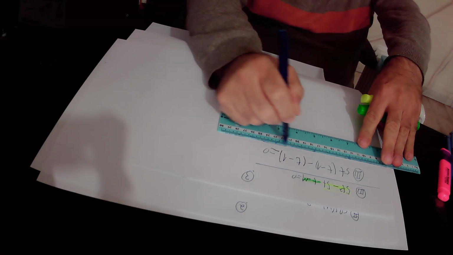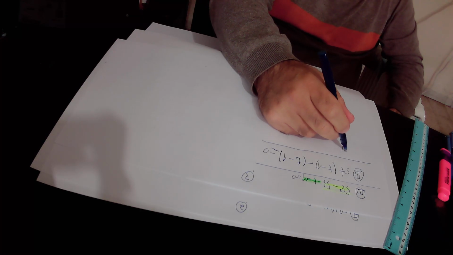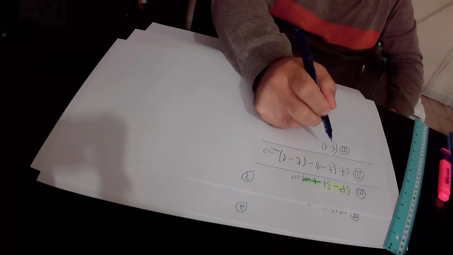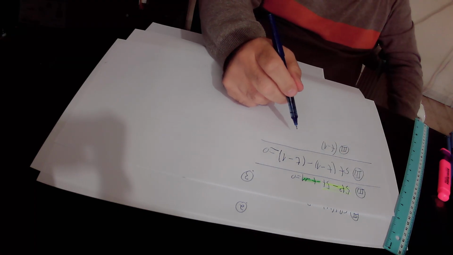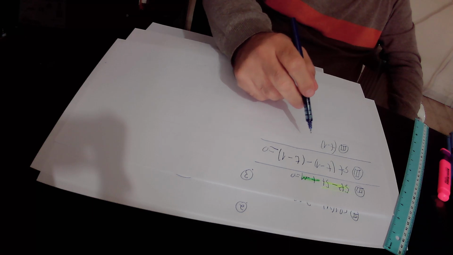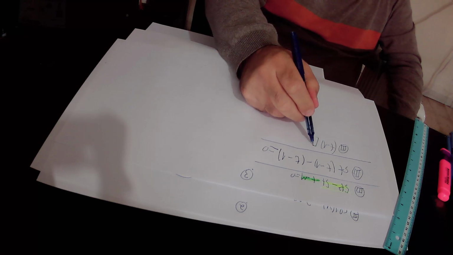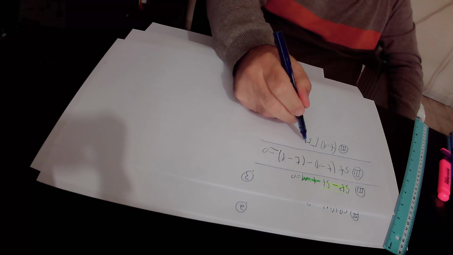In the next step, we take out t minus 1 as a common factor from those two expressions. So what is left from 5t times (t minus 1) after we took from it t minus 1 as a common factor? What is left is actually 5t.